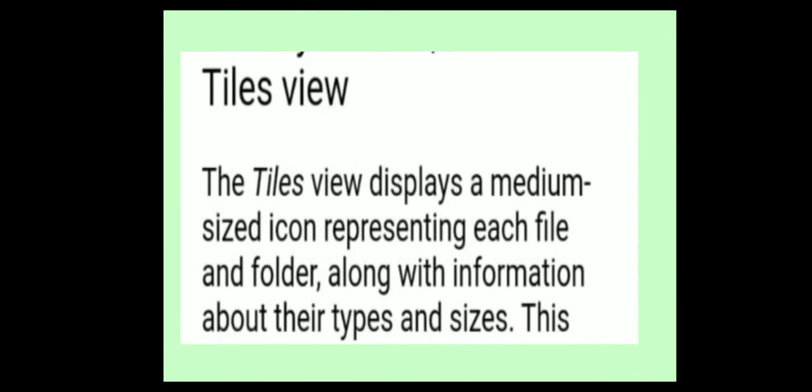Tiles view. The tiles view displays a medium-sized icon representing each file and folder along with information about their type and size. It means tiles view is like the medium icons view, but it also shows some information like the type of file and size of file.